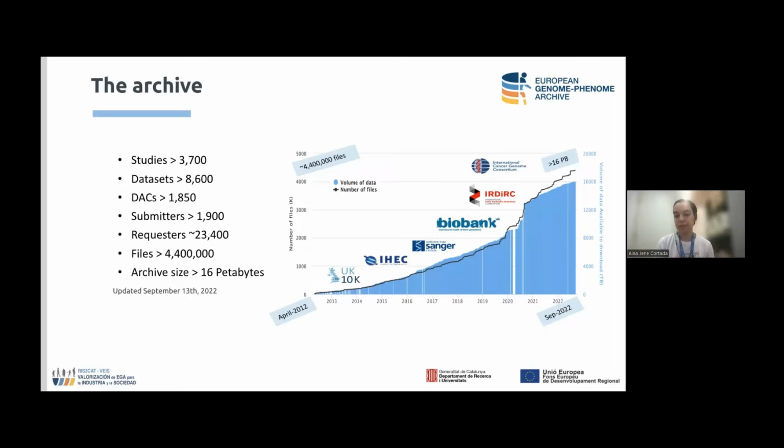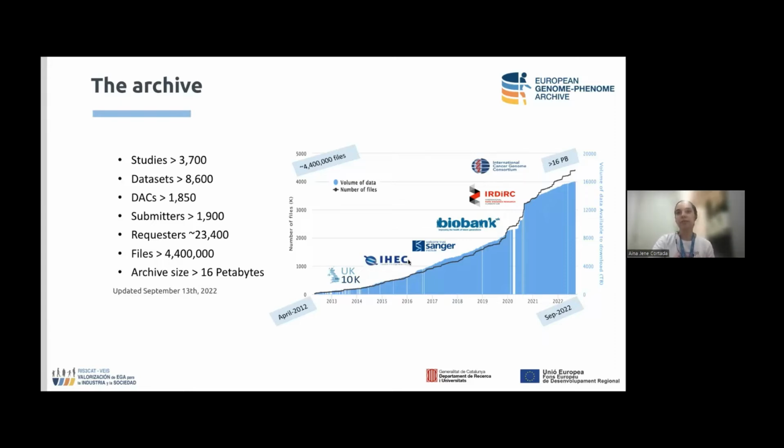For the metadata, we currently have released on our webpage over 3,700 studies linked to more than 8,600 datasets. All this data is managed by more than 1,800 DACs. And at the moment, our community consists of almost 2,000 submitters and more than 23,000 requesters.